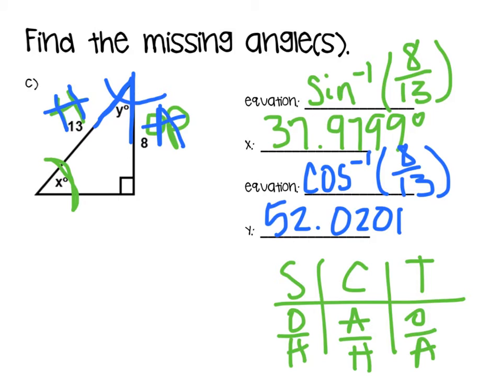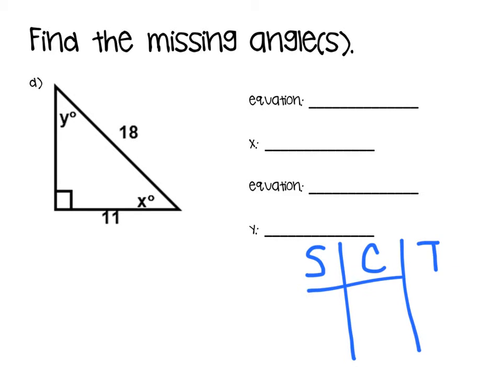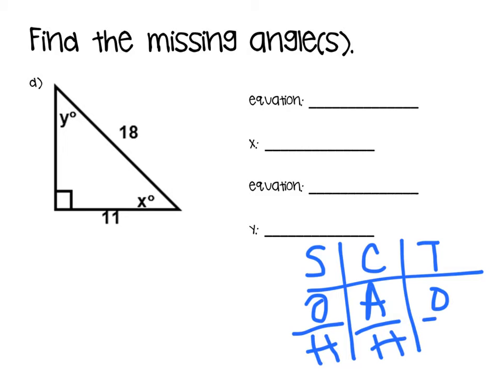Now let's look at part D. So let's look at example D. I'm going to start by giving you the trig table, or the trig reference table as I like to call it. And we'll start by finding angle x. Based on angle x, 18 is our hypotenuse and 11 is our adjacent. So I know I'm using cosine because that is my trig ratio.